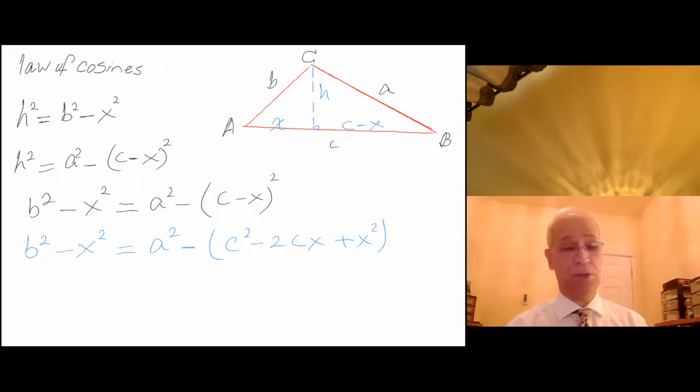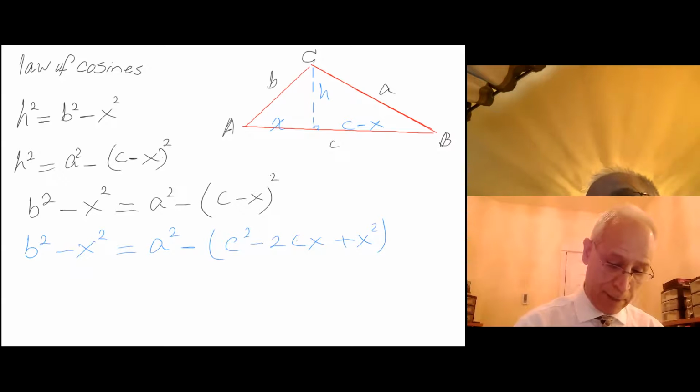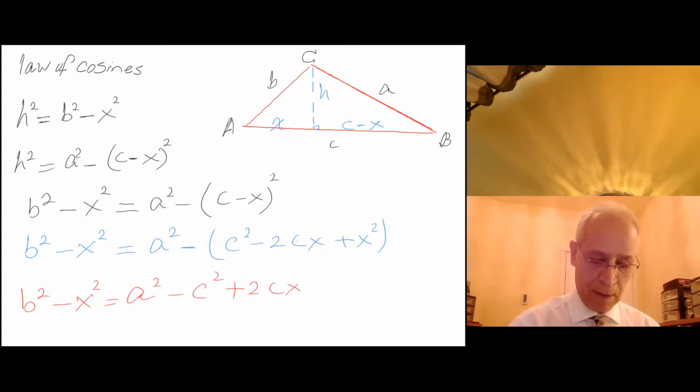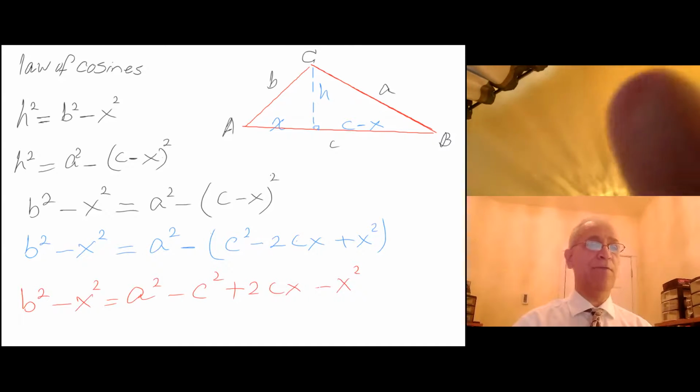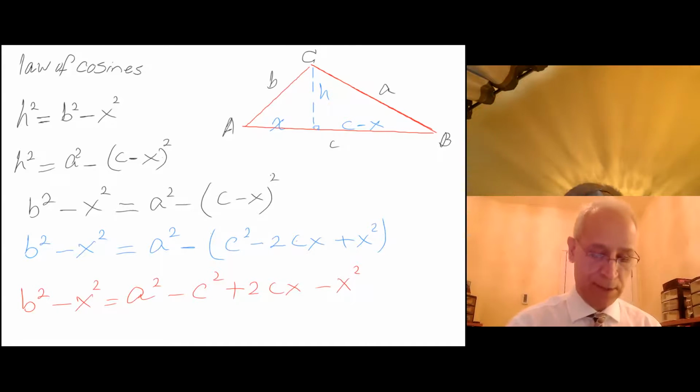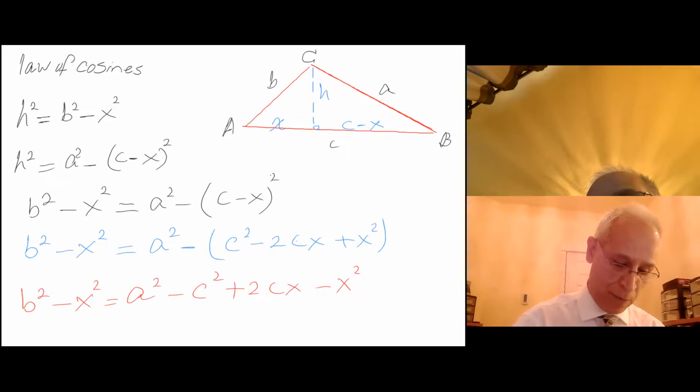I'm going to distribute the negative sign, so I'll have b squared minus x squared equals a squared minus c squared plus 2cx minus x squared. Notice that I have minus x squared on both sides of this equation, so by adding x squared to both sides, I can just cross that off.